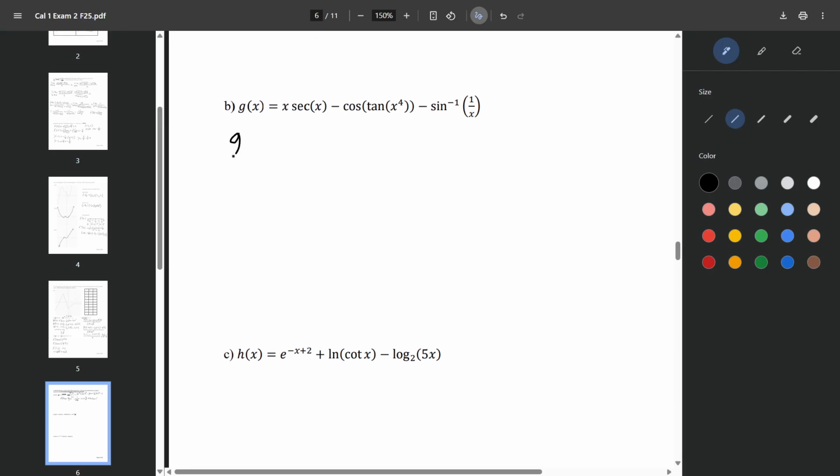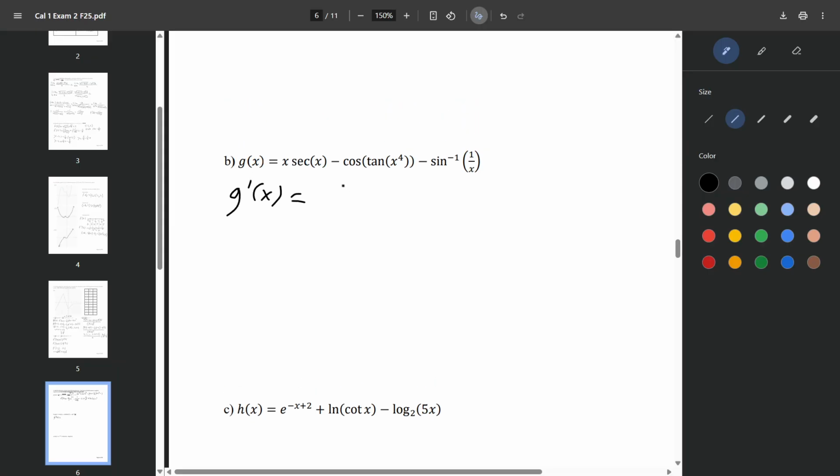Alright, so g prime of x in this case will be, okay, so the first part is going to be u times v, so this is going to be the derivative of the first times the second plus the first times the derivative of the second.